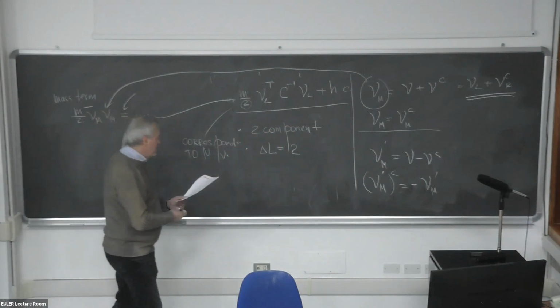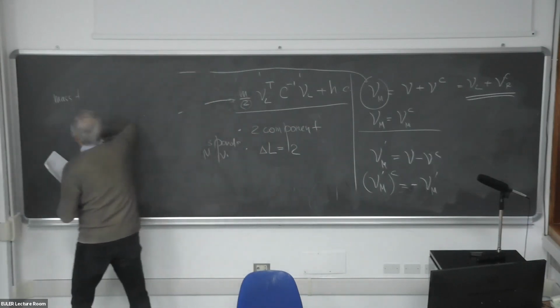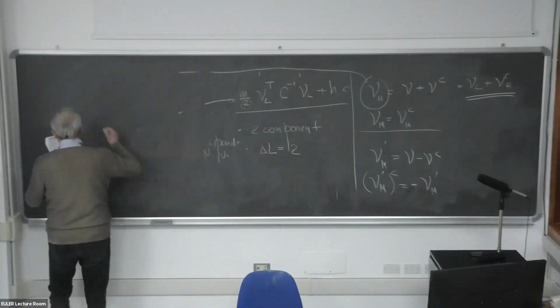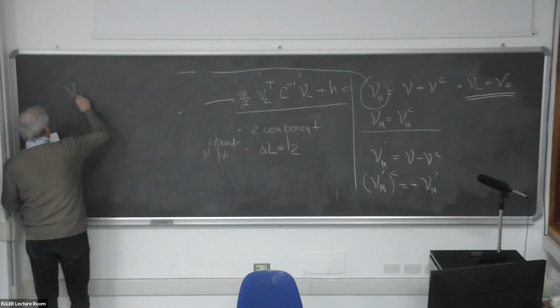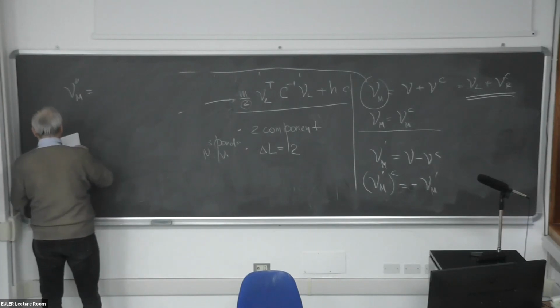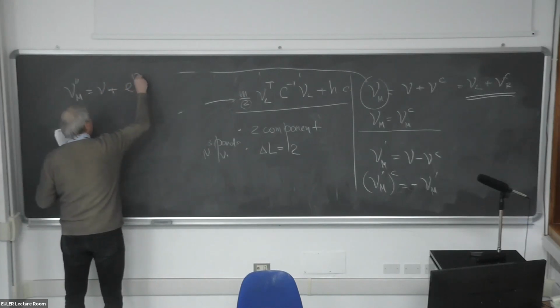Or you can do it in an even more general form. You can introduce the Majorana neutrino as nu plus a phase factor.